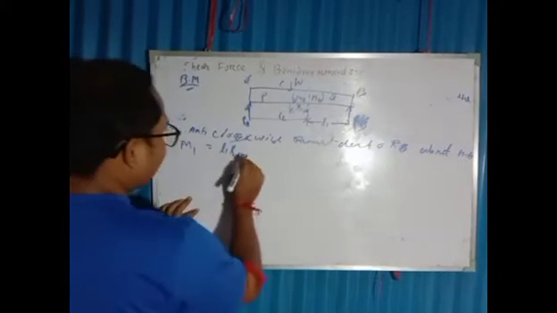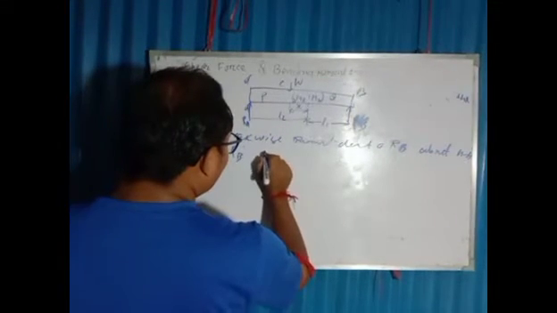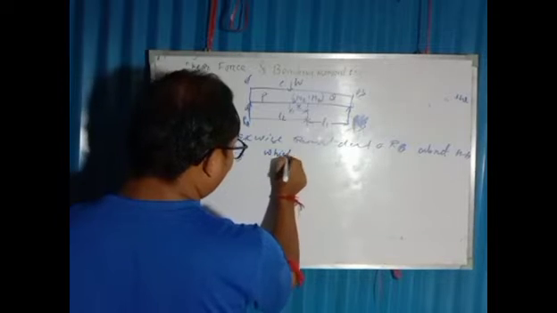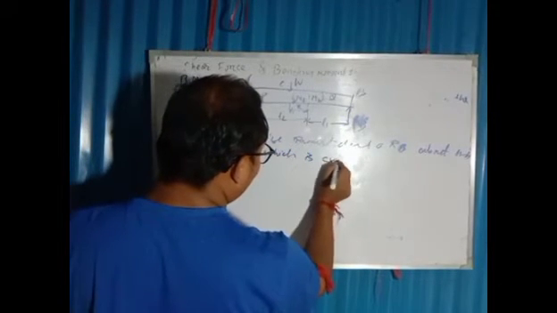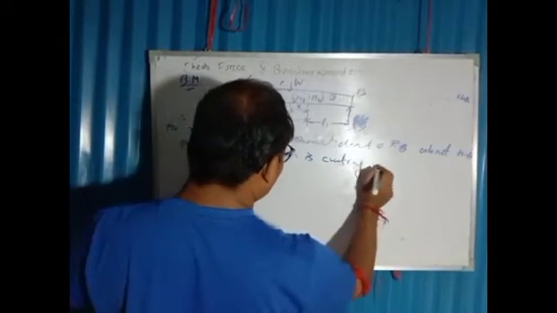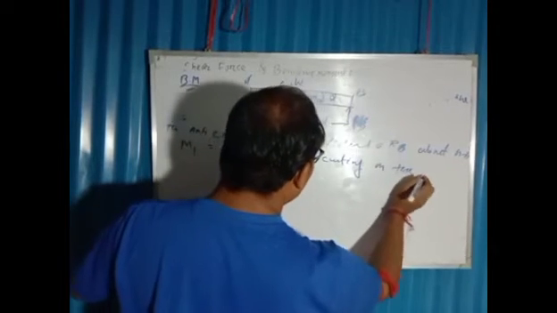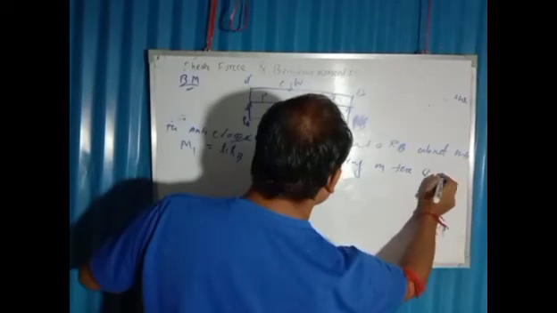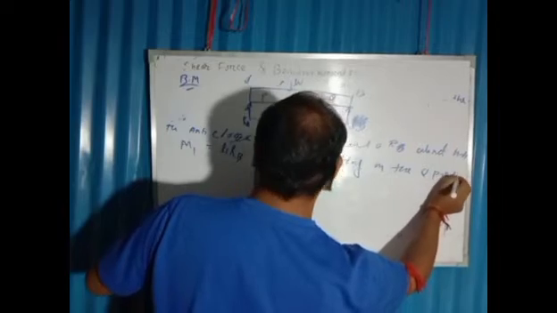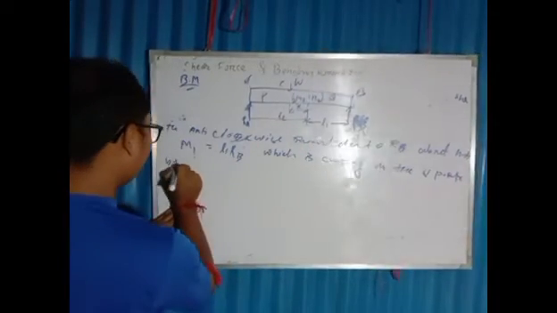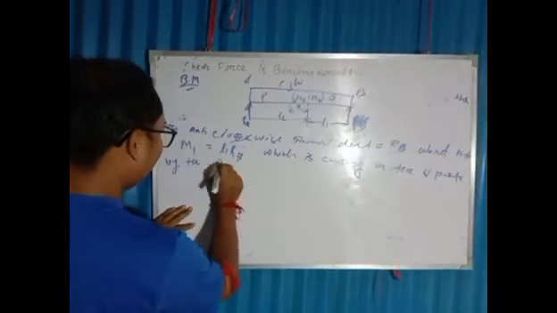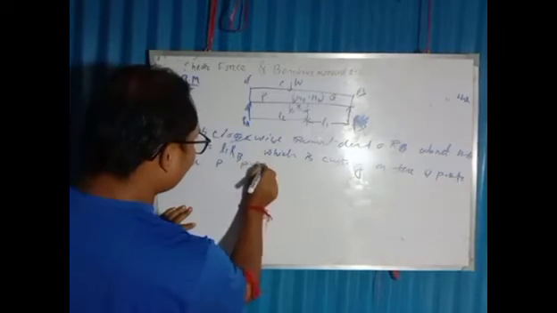This anti-clockwise M1 is acting on the Q portion, by the P portion.